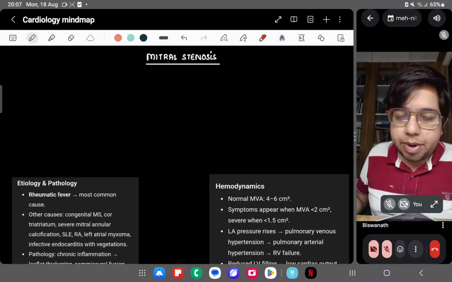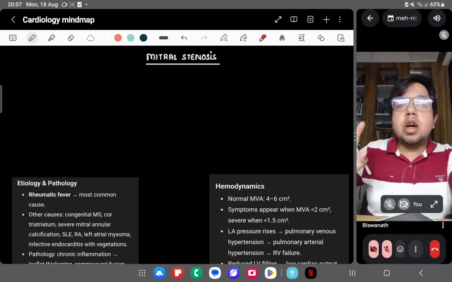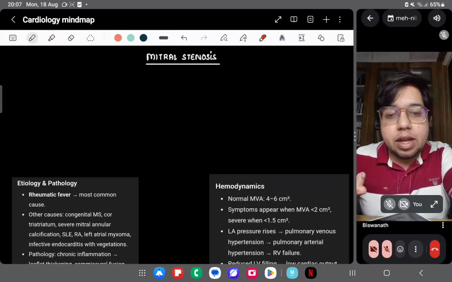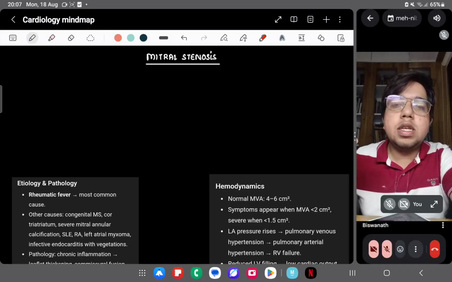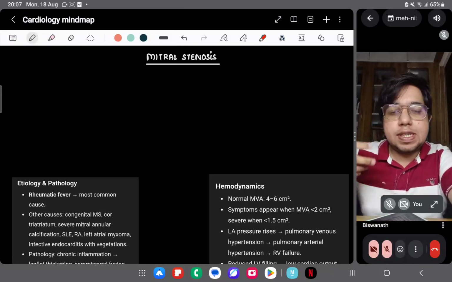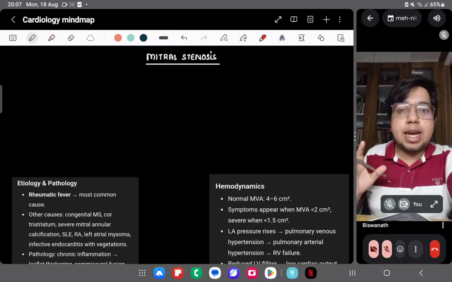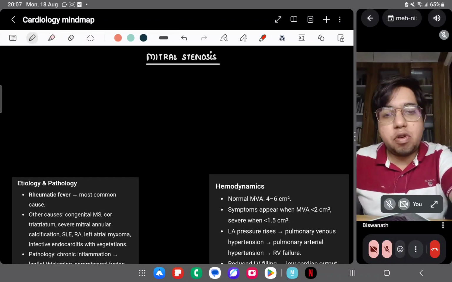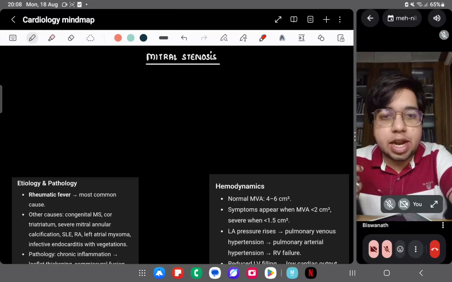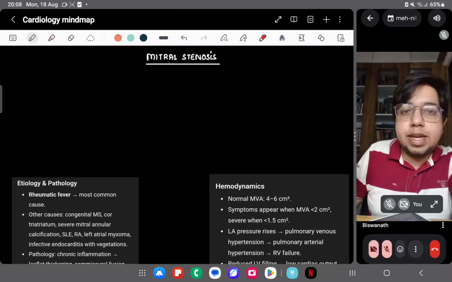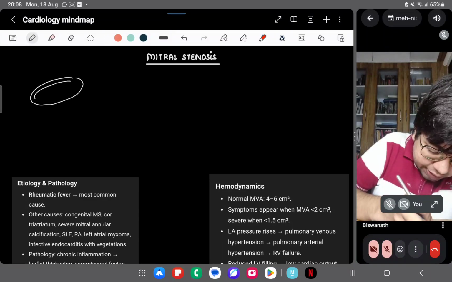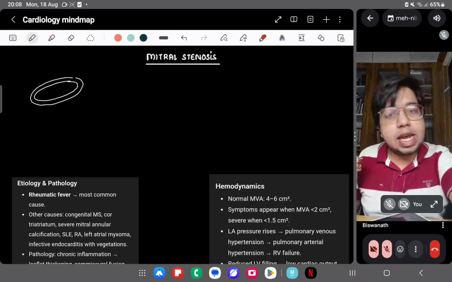And starting with mitral stenosis, first we have to understand the morphology of the mitral valve, right? The mitral valve is a very important structure, and basically it has an annulus, having an anterior annulus and a posterior annulus. So we have a fibrous ring present, this type of structure.